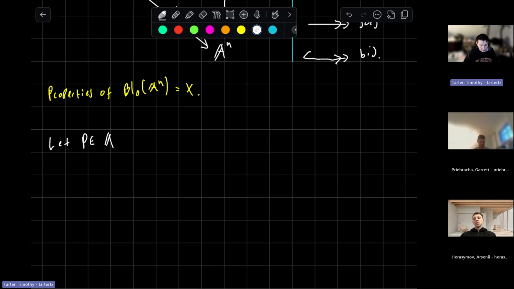Let P be a point in affine n space, non-zero. And phi inverse of P is equal to a singleton set.